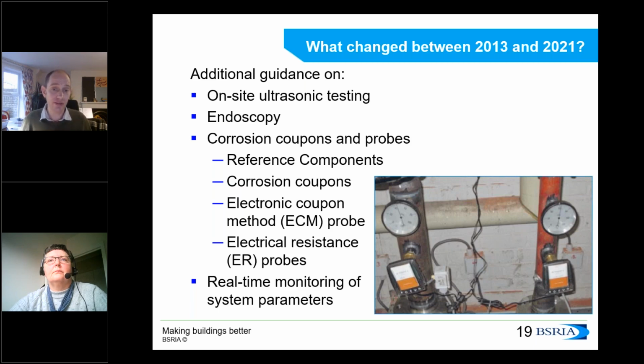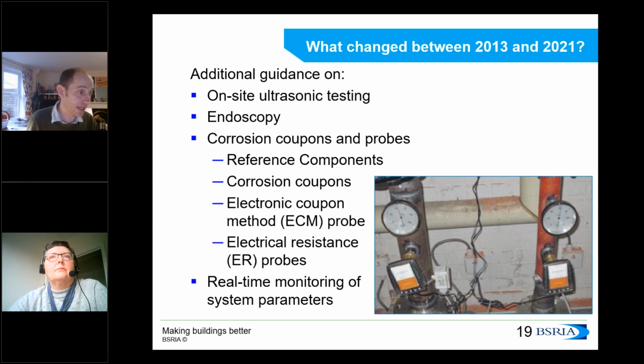These technologies have been around for a long time, but it's only recently that we've expanded the guidance on these. I've got a picture here taken from one of the case studies, where I believe those are electrical resistance probes inserted into the pipework.